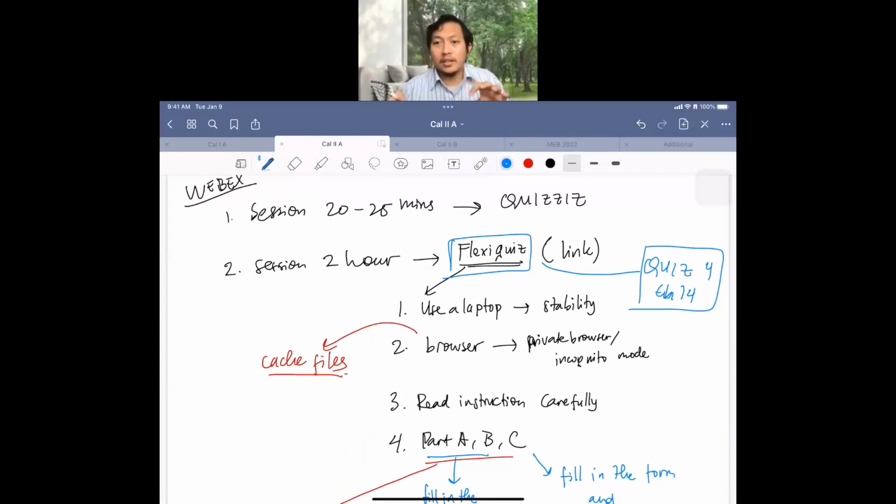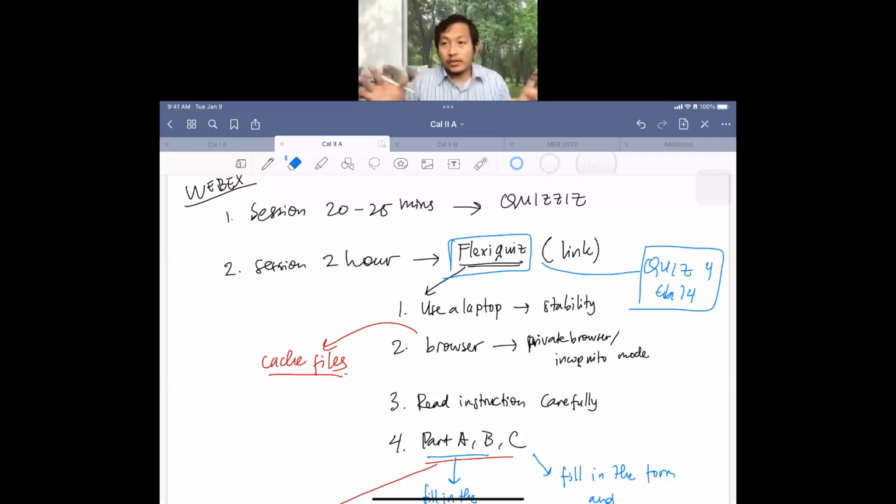If you are opening another browser, looking for something in your computer, it may cause trouble with your Flexi quiz link, and maybe you accidentally close it, then you cannot go back in. Unless you have some sort of technical difficulties, you can discuss with me. But be careful.